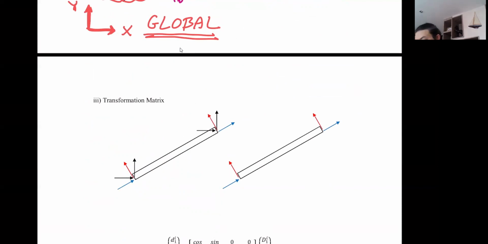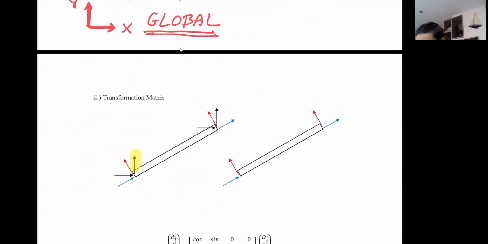So let's say for this member, you see this black one, this is going to be the coordinate system of the global, right? And the red and the blue, that will be the local coordinate system. Okay. The black one, they are global.